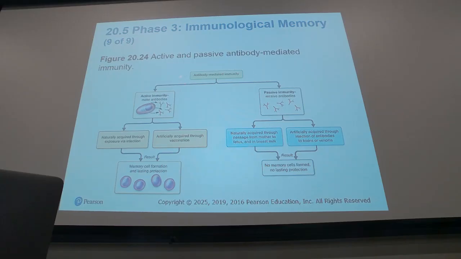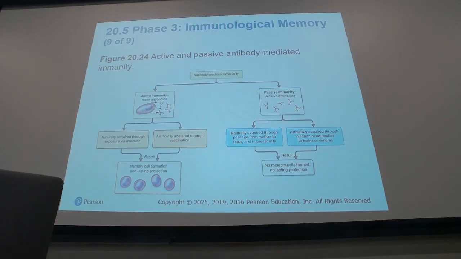For antibody-mediated immunity, you have active immunity, which means that you make your own antibodies, or passive if you were given preformed antibodies. There are two ways to form your own antibodies. Either you were sick with that disease, or you were vaccinated and you didn't develop the disease because you were vaccinated.